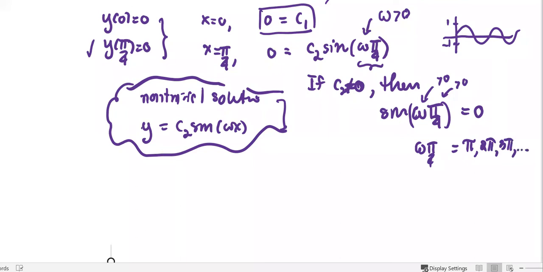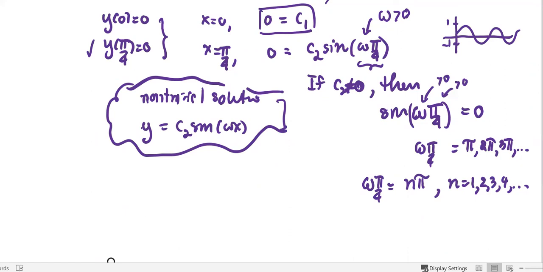So we can rewrite this as omega pi over 4 equals n pi as a general solution, with n starting from 1, 2, 3, 4, 5, and so forth. We don't take 0 because the product of omega and pi over 4 is always positive, since omega itself is a positive number. This is another sensitive part of the problem. The index is very important.